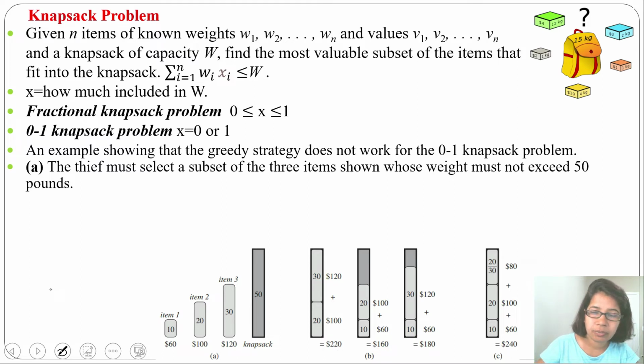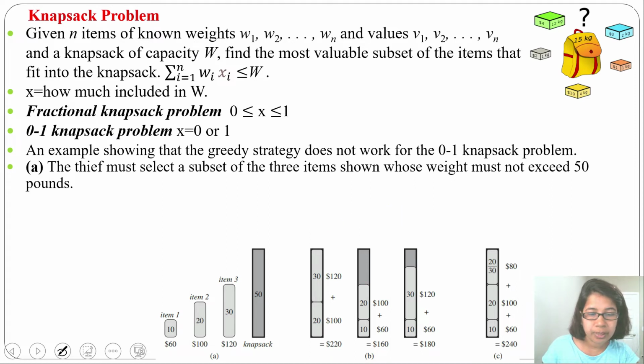Now 10 plus 20 weight is 30 pounds. Total capacity is 50 pounds, so 50 minus 30 is 20 pounds left, but we cannot take item 3 as it is 30 pounds, which is more than 20 pounds. So if we are choosing item 1 and item 2, we need to skip item 3.